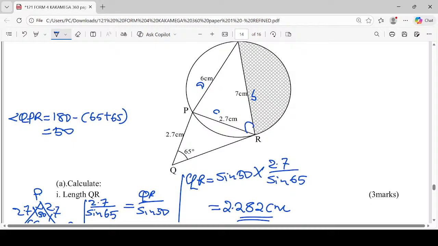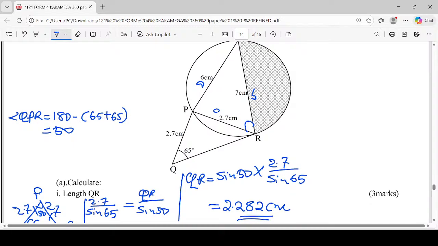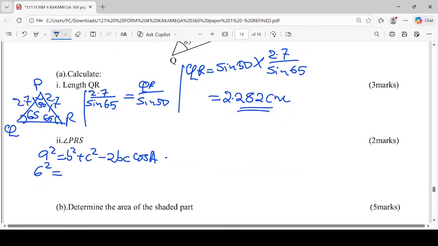That is 7 and 2.7. So this will be 7 squared plus 2.7 squared minus 2 times b, which is 7, times c, which is 2.7, cos A.